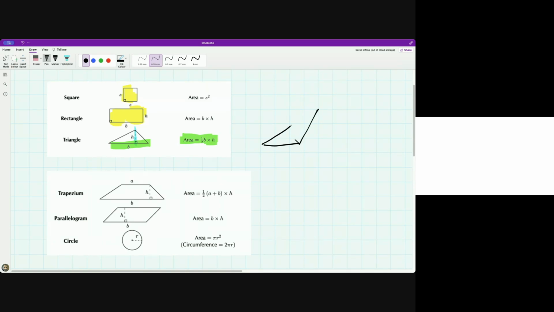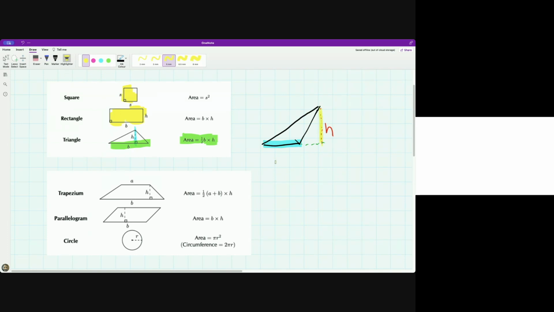Like if you have what we call an obtuse angle triangle, the height of this triangle is actually outside the triangle like that. Okay? But if you wanted to find the area of this triangle, you would need to find the length of that blue side, and then you need to find the length of that height.